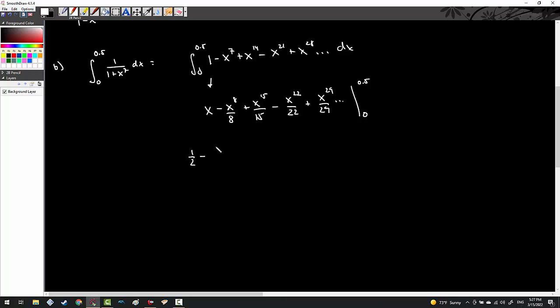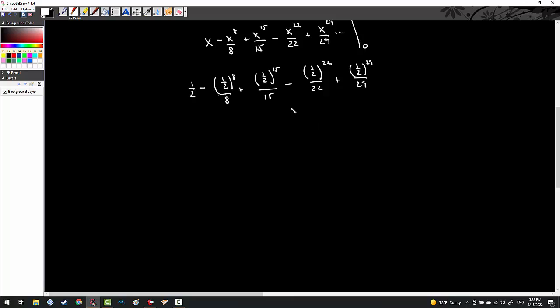So I get 1/2 minus 1/2 to the 8th over 8 plus 1/2 to the 15th over 15 minus 1/2 to the 22nd over 22, plus 1/2 to the 29th over 29.